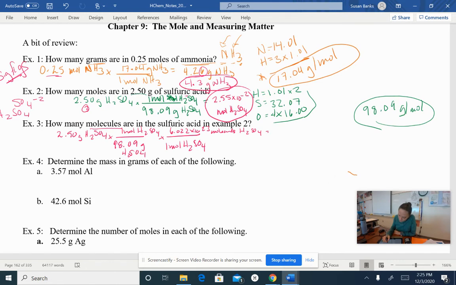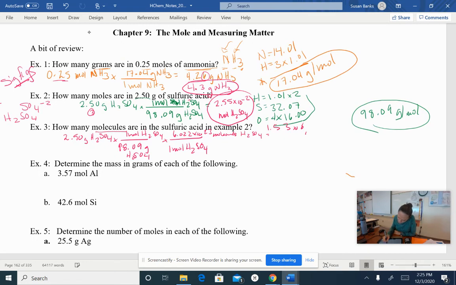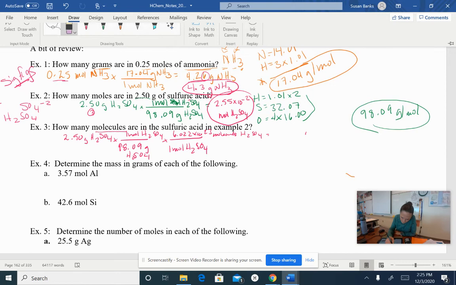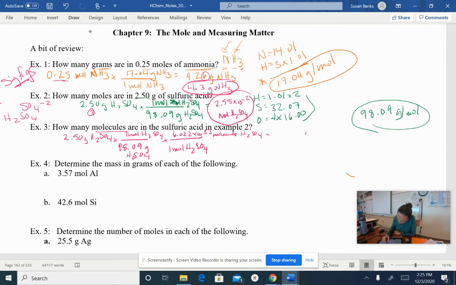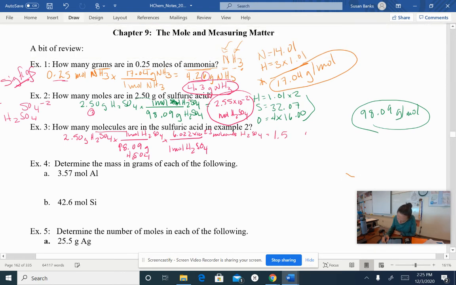So that's going to round to 1.53 times 10 to the 22 molecules of sulfuric acid.